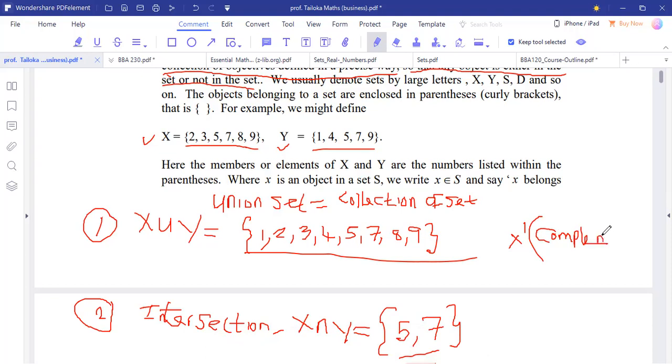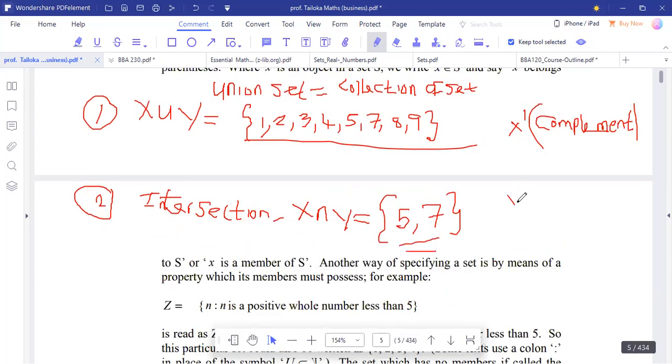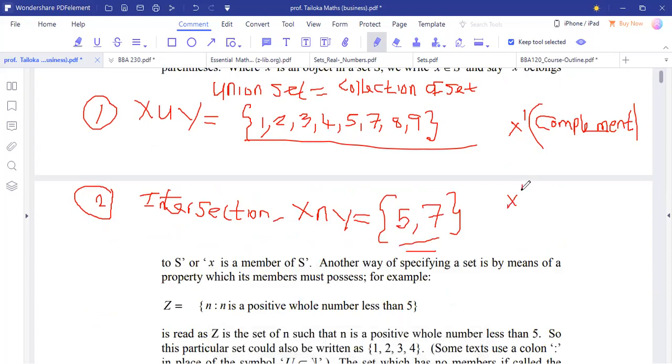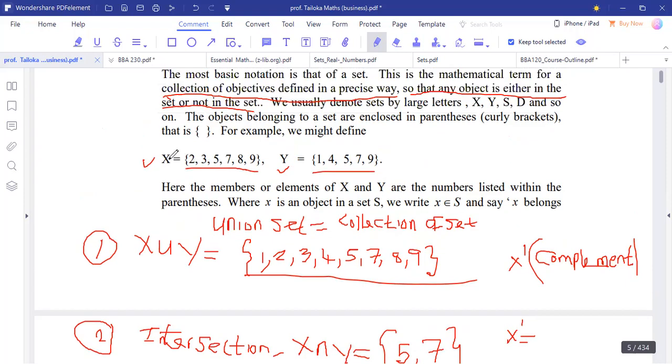That is what a complement means. So as we look at what we have been given, our X complement will be equal to what is not found in X. What is not found in X is just 1 and 4.